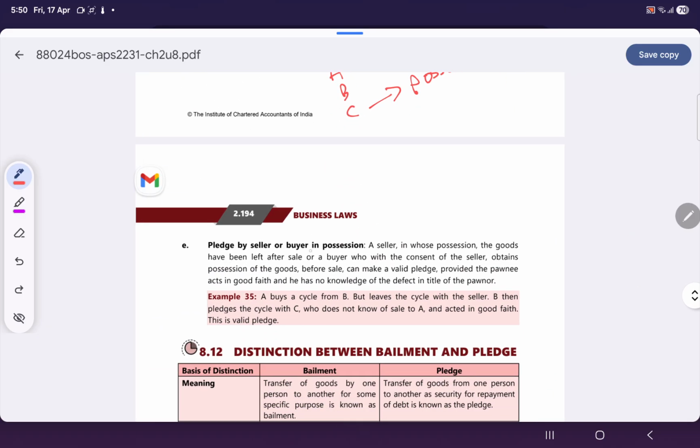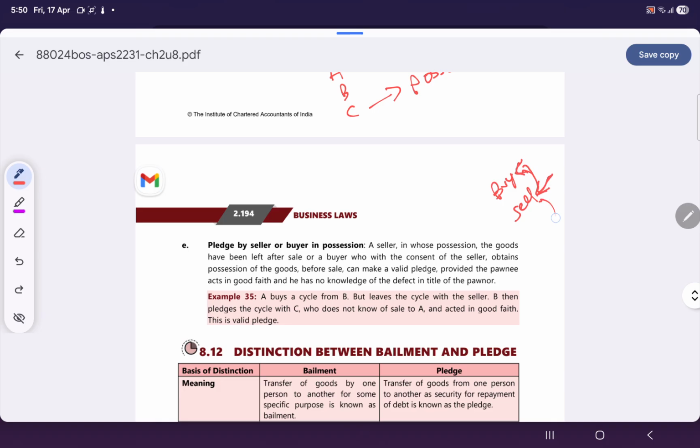Pledge by seller or buyer in possession. Suppose a seller in whose possession the goods have been left after sale. Sale has happened, but the goods are with the seller only. The goods should be with the buyer, but they are with the seller only.